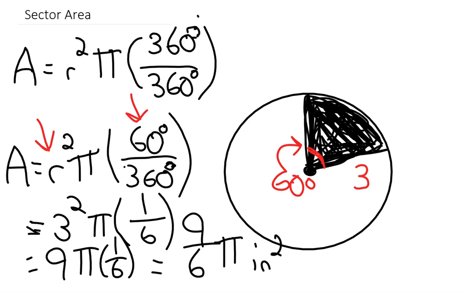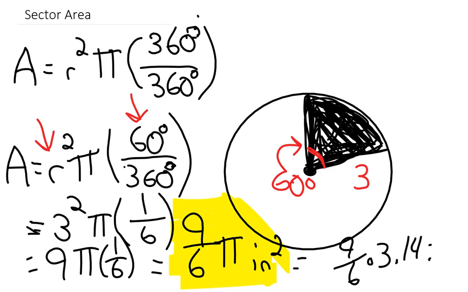Remember, since it is an area, it's going to be inches squared and not just inches. And to completely simplify, I would do 9/6 times pi, which is 3.14. You can do those calculations if you want to, but what I'm worried about is that we can get to a form that looks like this.